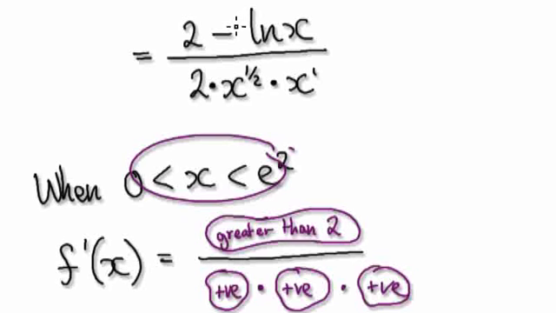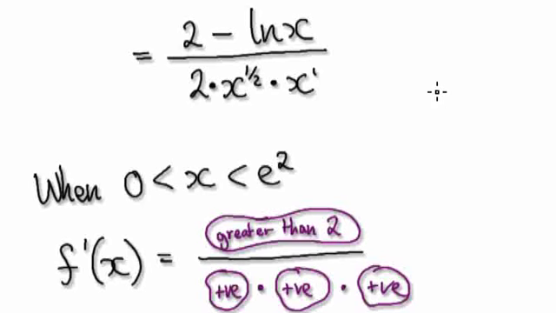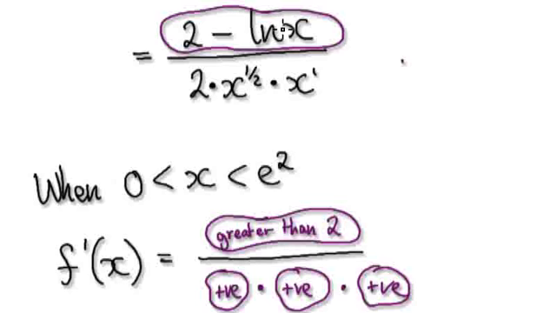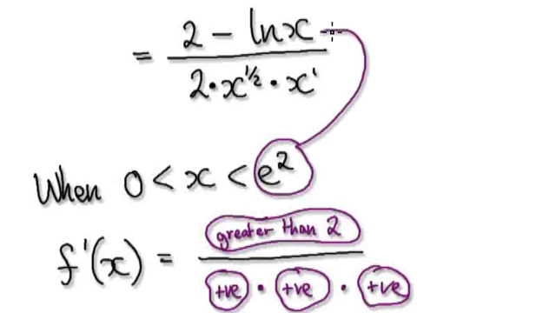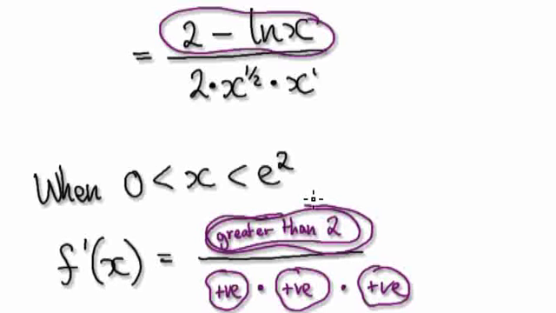In this region, this whole thing here will be greater than 2. If you think about it, you might have to pause the video and have a think about this. This whole thing will be greater than 2.